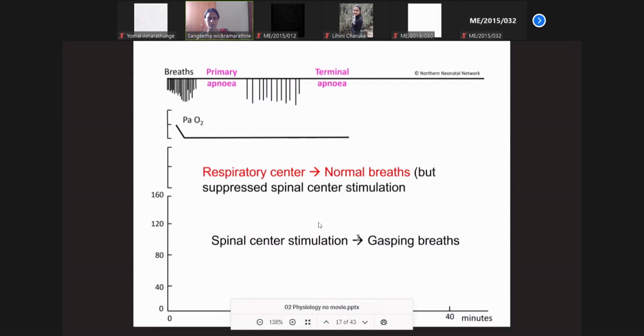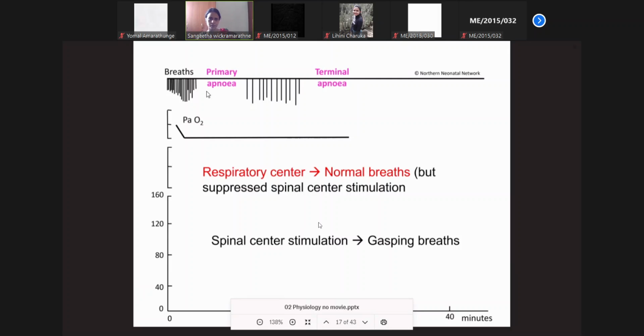So once a baby goes into terminal apnea, you won't be able to take the baby back without intensive resuscitation, right? We'll be discussing next what we have to do during each period when we discuss the resuscitation part. So have some idea what happens just after birth if the baby is not allowed to breathe.